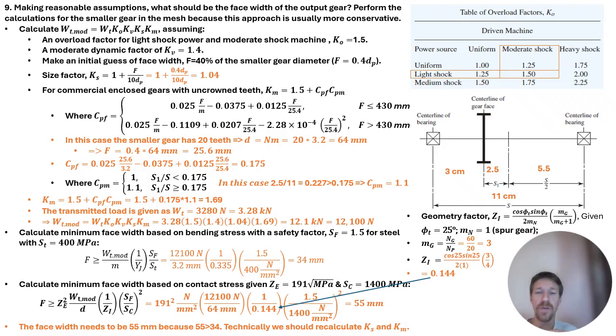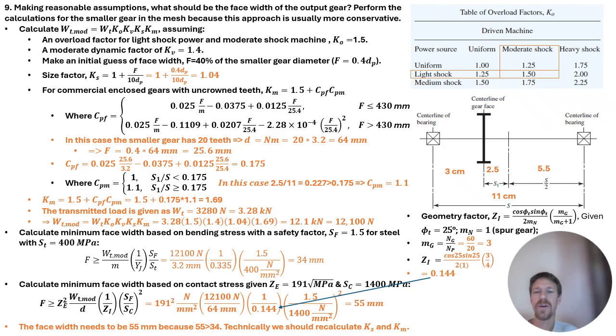There's one more thing you see over on the right, the geometry factor, and these are actually gear teeth with a 25-degree angle, not the normal 20-degree angle gear teeth that we're used to. So it's a little bit different, but that value is given, so you can just plug it in. And then the number of teeth on the gear is 60, number of teeth on the pinion is 20, so that's 3.